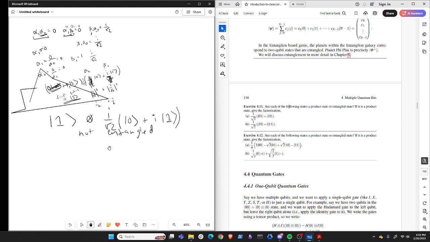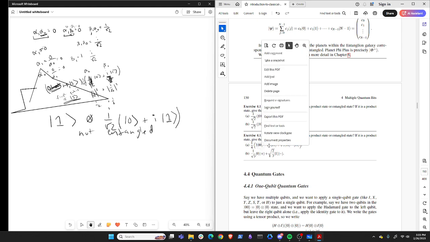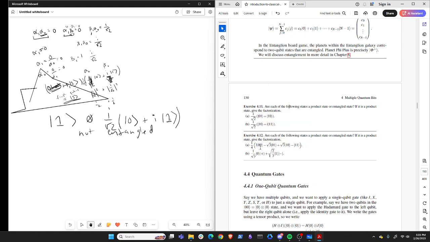So 4.12, we can see visually that if we measure our first qubit and it's in state 0, it doesn't determine the value of the second qubit. So if we measure 0 on the first qubit, the second qubit can be either 0 or 1.